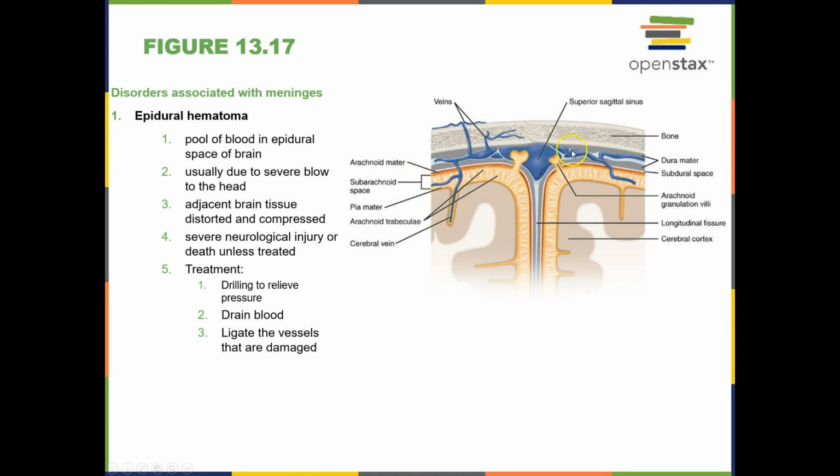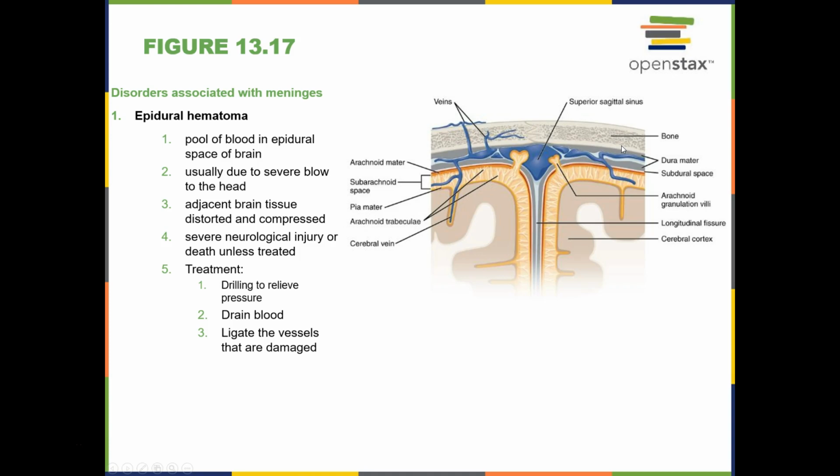An epidural hematoma occurs when you have blood pooling outside of the dura mater. So if something happens, you have a severe blow to the head and a blood vessel ruptures, you can end up having an epidural hematoma where you have a lot of blood outside of that dura mater, between the dura mater and the actual cranial bone.